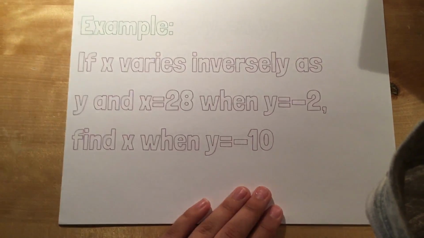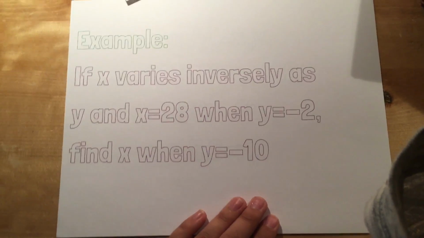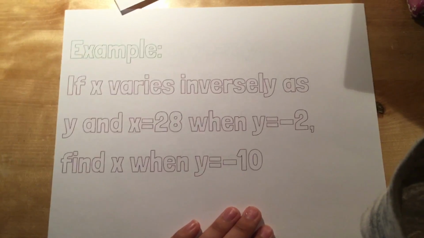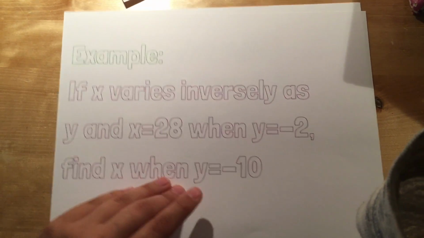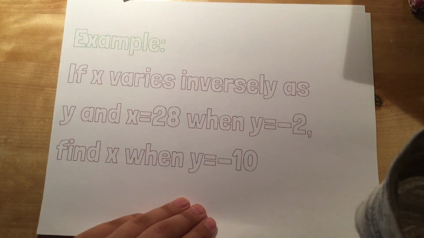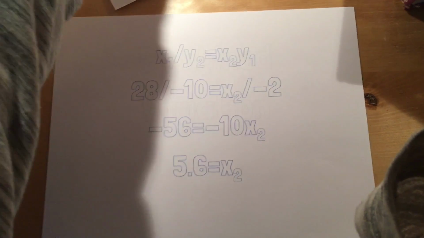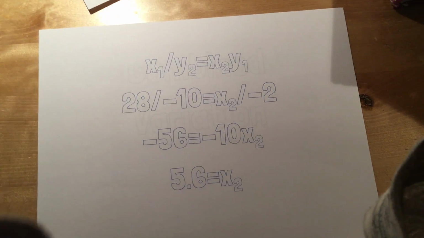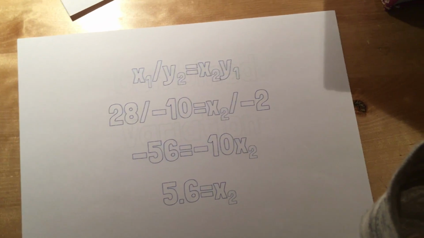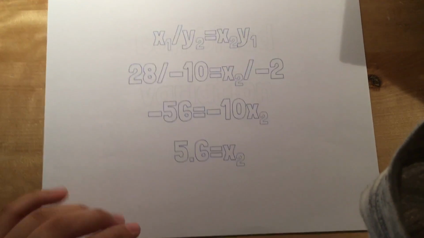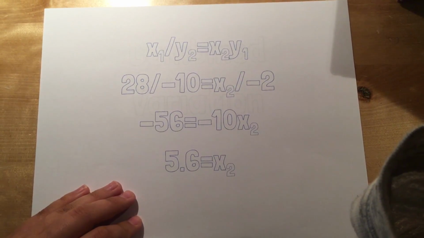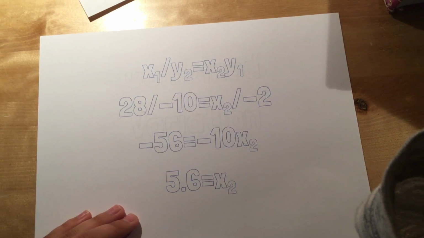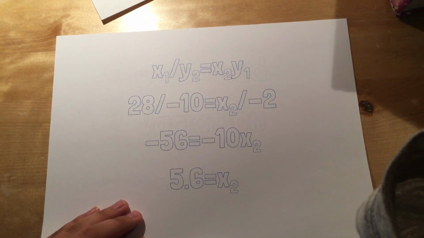Example, if x varies inversely as y and x equals 28 when y equals -2, find x when y equals -10. We'll start off with our equation: x1 over y2 equals x2 over y1. 28 for x1, -10 for y2, x2 blank over -2.